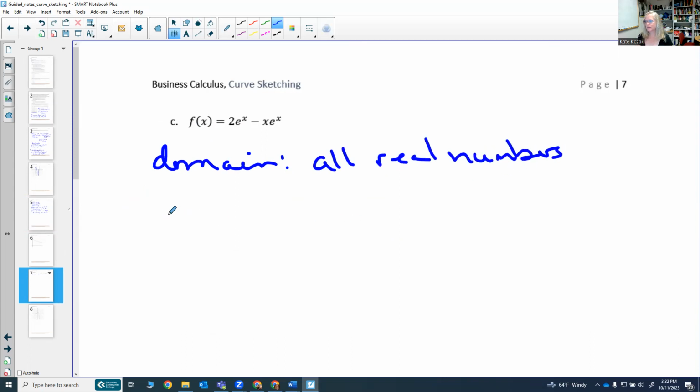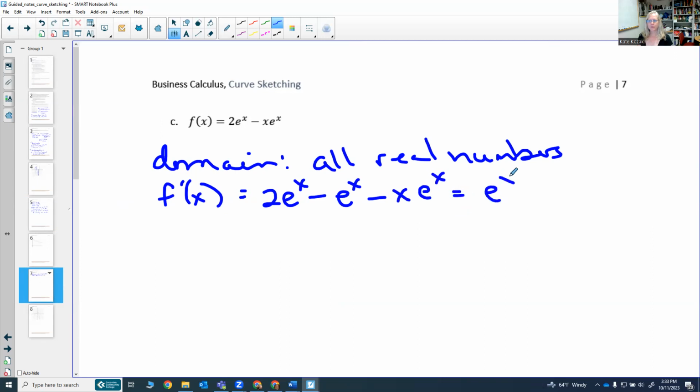To find where it's increasing, decreasing, and concavity, first find the first and second derivatives. f prime of x would be 2 times e to the x minus, using the product rule, the derivative of the first is 1 times the second, e to the x, minus x times the derivative of the second, which is e to the x. Simplifying this, you get e to the x minus x e to the x.